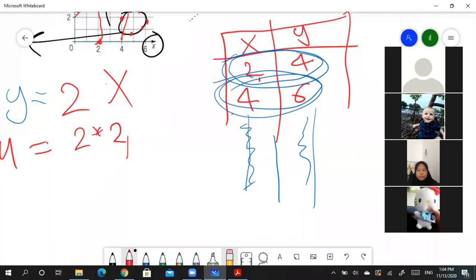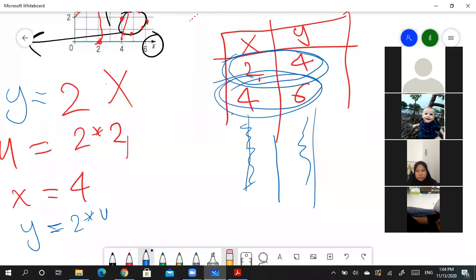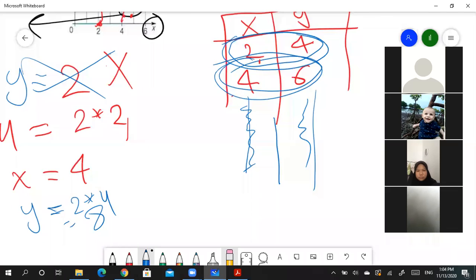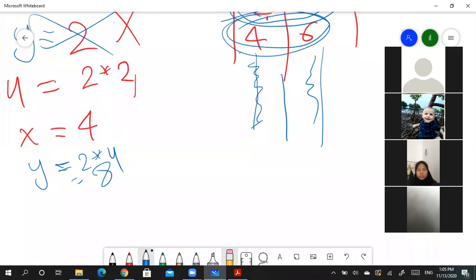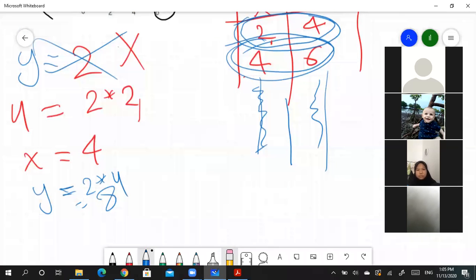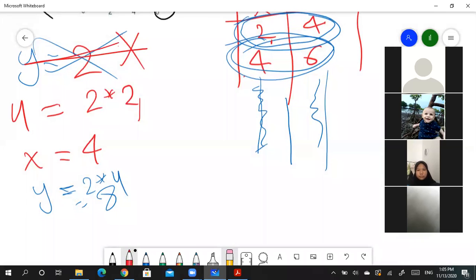When x was 4, then y was 2x. 2x means 2 times 4. Is it correct? No, no. 2 times 4 equals 8. This is wrong. It will be x plus 2. Correct. So our function should be y equals x plus 2.